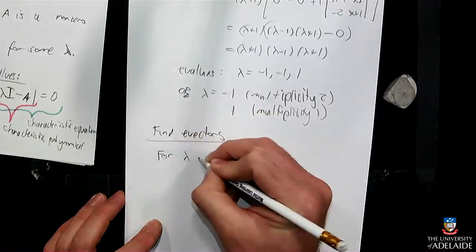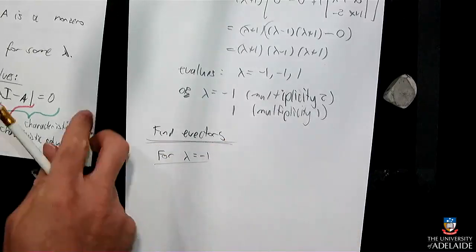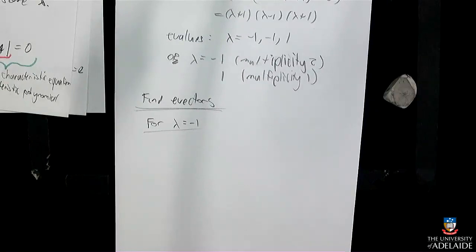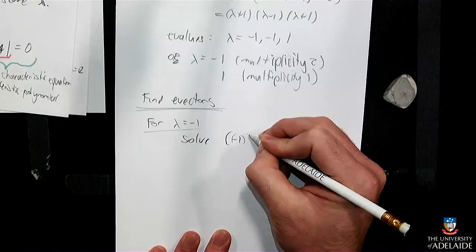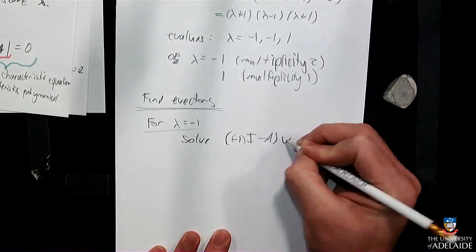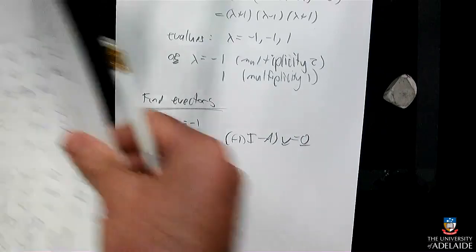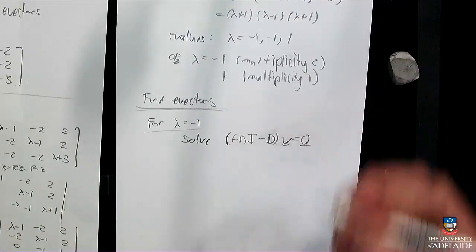Firstly, I'll do it for lambda equals -1. So let's see. To do that, I need to solve this: -1 I minus A times v equals 0. I need to solve that equation. That's what I'm doing, which means I need to go back to here where I wrote down, it's not A, it's called D, that equation.